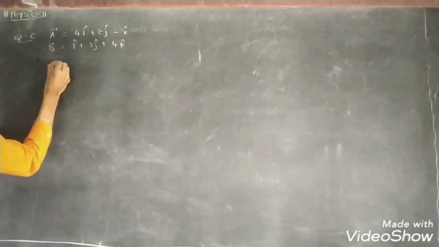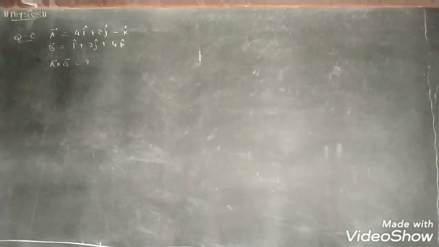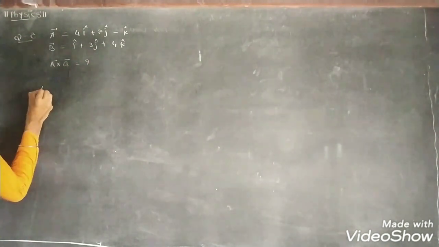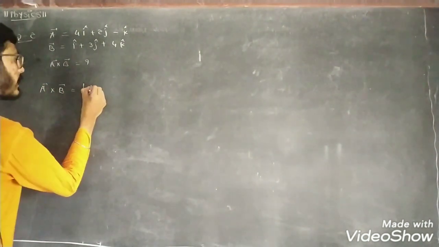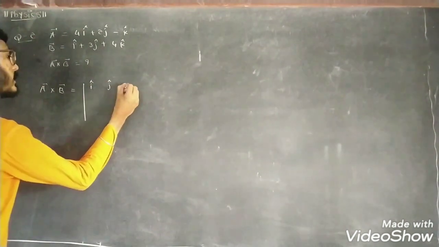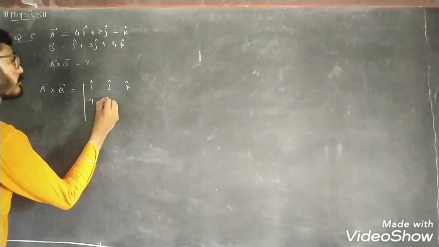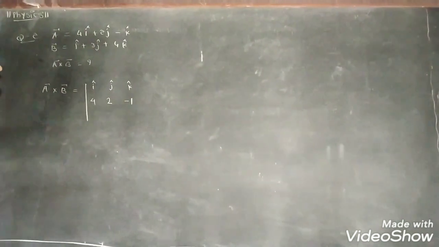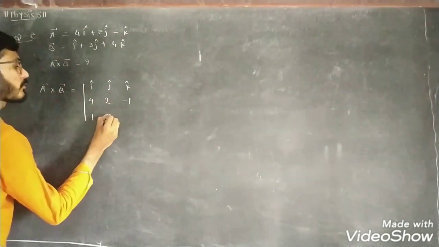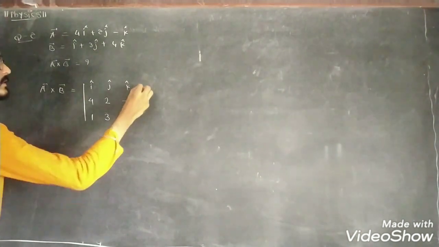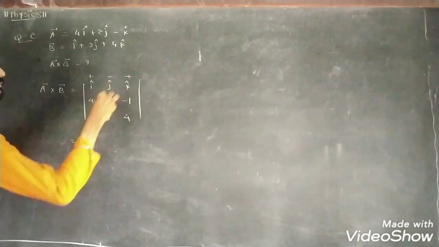Then find the vector product, meaning we have to find A cross B. To find A cross B, we take the determinant with i caret, j caret and k caret. The x component of A is 4, the y component of A is 2 and the z component of A is minus 1. The x component of B is 1, the y component of B is 3 and the z component of B is 4.